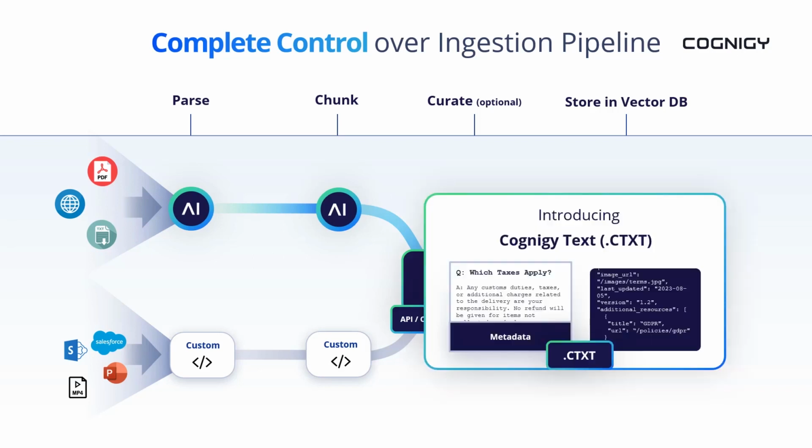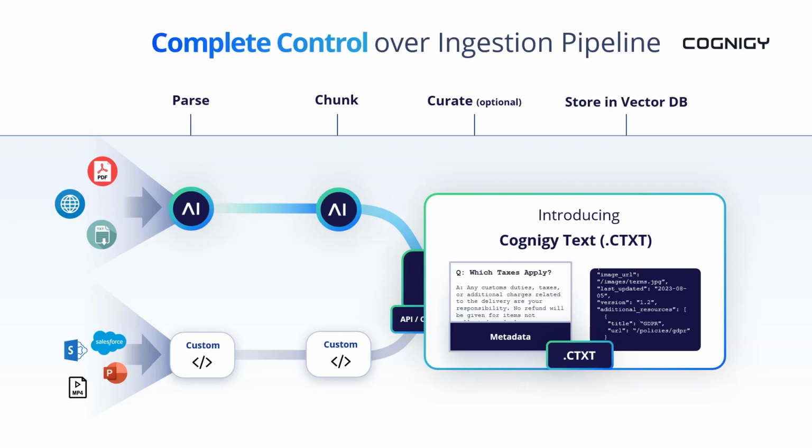And one of the secret weapons that we have here is that we have a file format that we call a Cognigy text or a ctext file that is essentially a markdown file, right? And it has the metadata associated with it. So the metadata that is associated with a specific source and the chunks in that source.